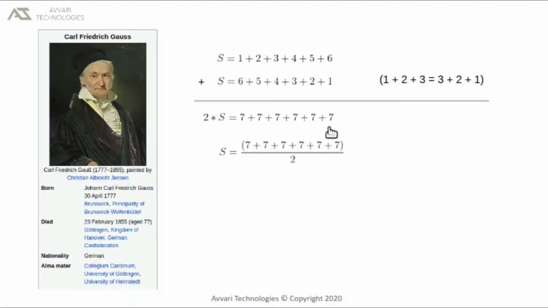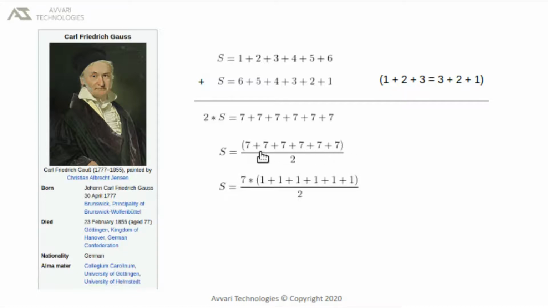Now we will divide both sides of the equation, the left hand side and the right hand side, by 2. The left hand side becomes S, since 2 divided by 2 is 1, and 1 times S is S. On the right hand side of the equation we have 7 plus 7 plus 7 plus 7 plus 7 plus 7 divided by 2.